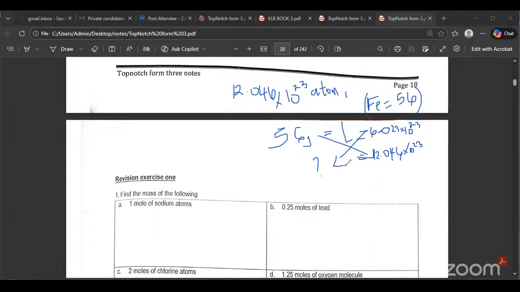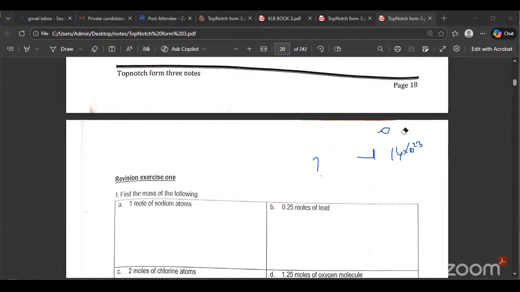I'll start with the relationship a little, and then we go to the calculation. So use the Top Notch page 19. You can try, and then send them to me even before we handle that class. You don't have to try all of them. Just choose revision exercise number 1.